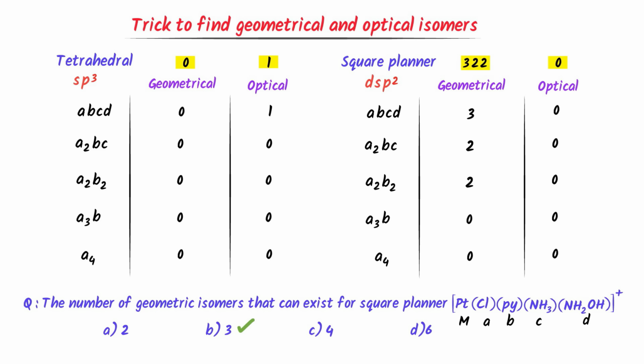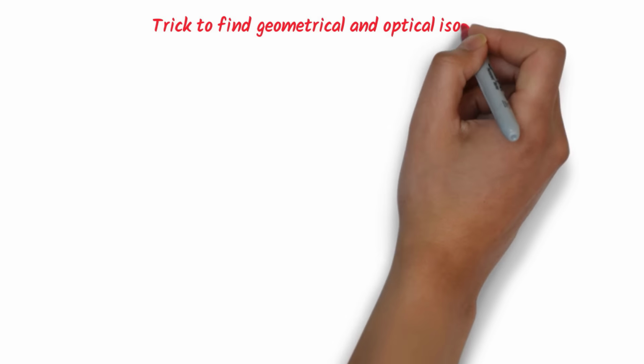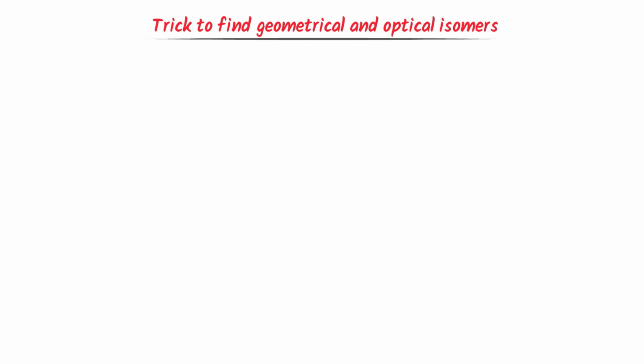Hence note it down. Now I will teach you my personal trick to find geometrical isomers and optical isomers of octahedral complexes. We know that the coordination number of octahedral complexes is 6. Remember that there are 11 complexes possible in octahedral geometry. Now listen carefully.